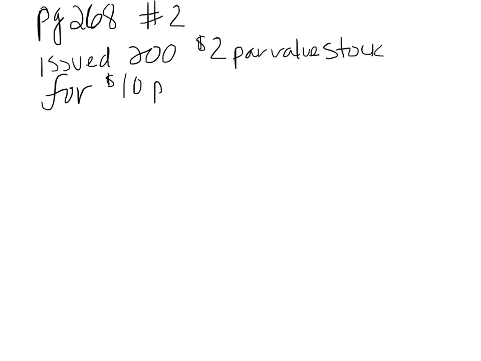So right away you know we're going to have additional paid-in capital. They want us to prepare this journal entry. So what would this journal entry look like at this point?